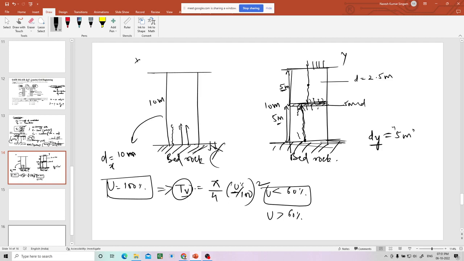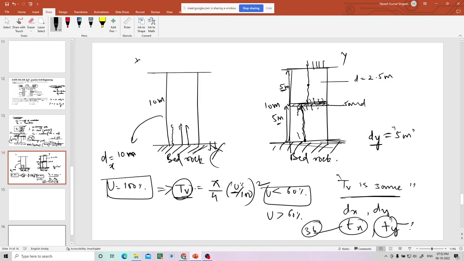For both sides you have to calculate complete primary consolidation, that means Tv is same. dx and dy are different, and we need to find out Tx, Ty. Tx we know is 36 months. What is Ty?